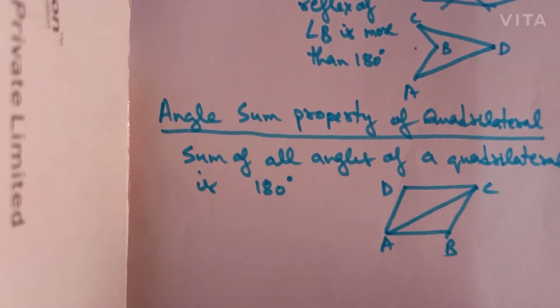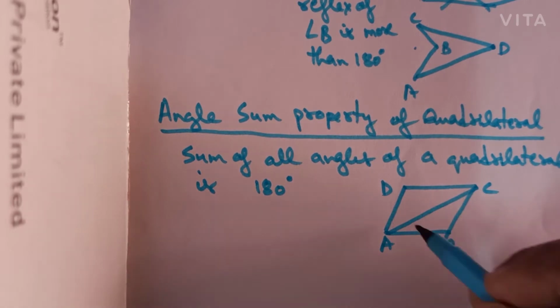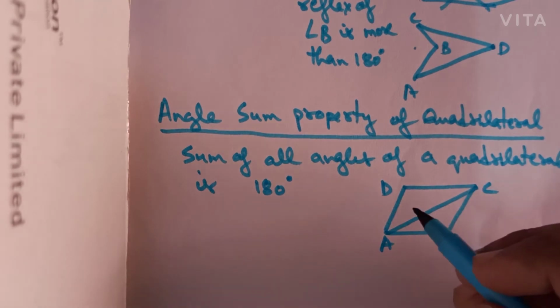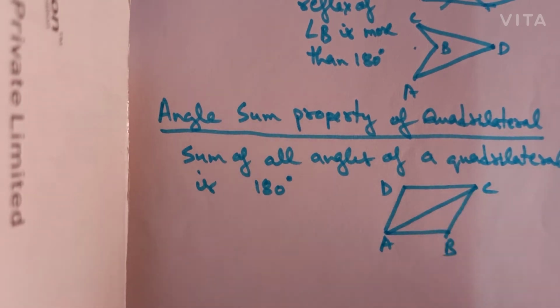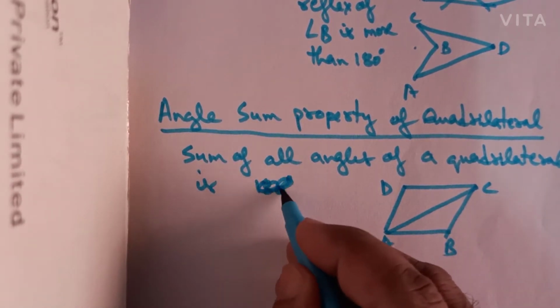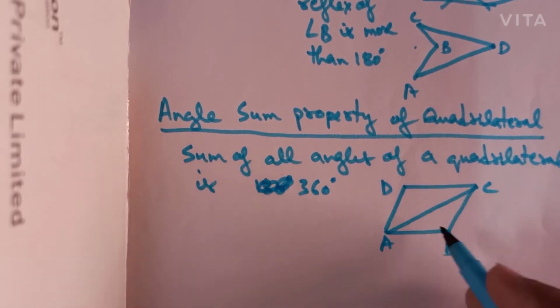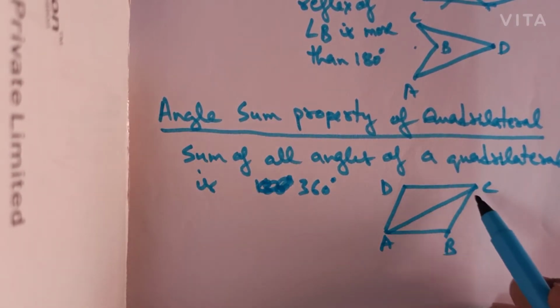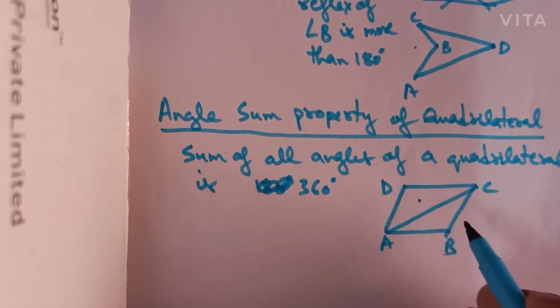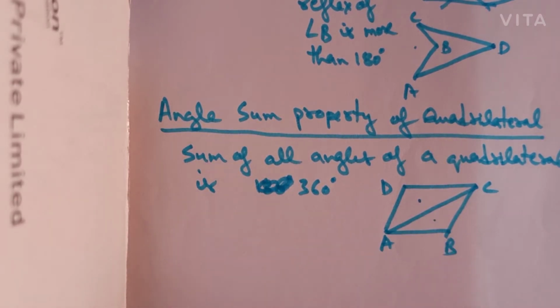As we know, the sum of angles of a triangle is 180 degrees. So the sum of angles of triangle ADC will be 180 degrees, plus the sum of angles of triangle ABC will also be 180. So the sum of all the angles of a quadrilateral is equal to 360 degrees.